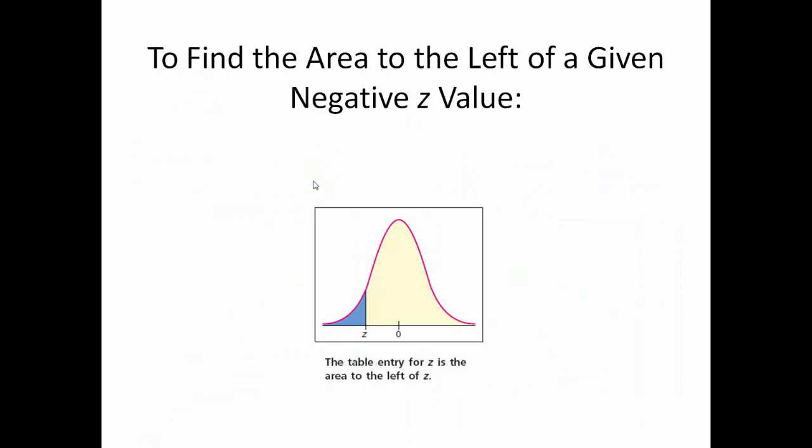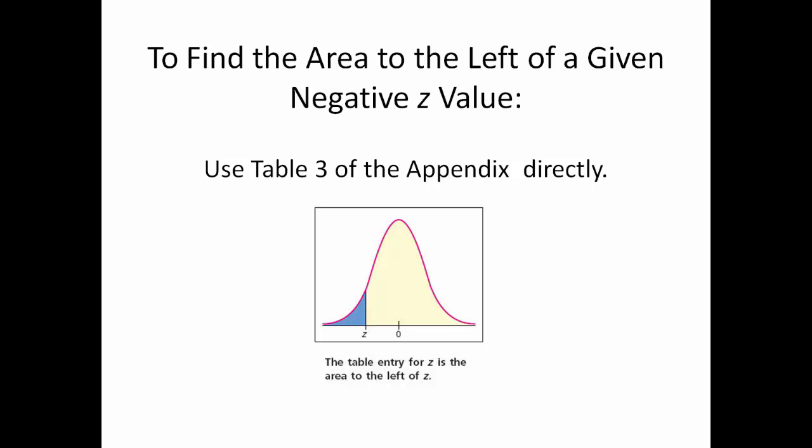For example, to find the area to the left of a negative z value, we will use the table directly. We will find our negative z value, or the z value to the left of 0, on our table, and we'll read this probability directly. This probability is the probability that z is less than that value.